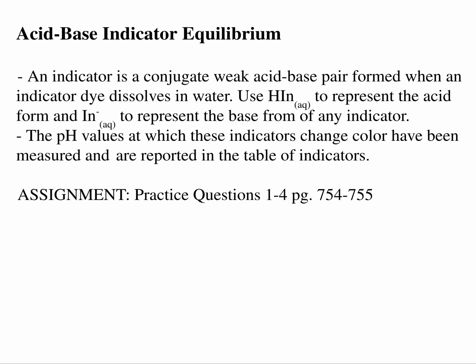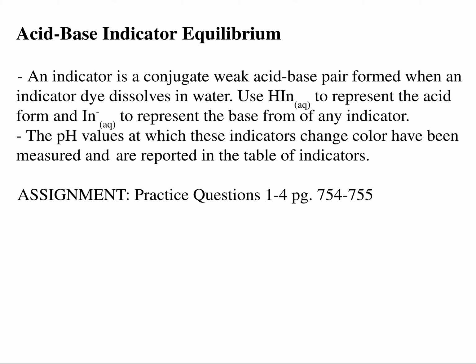They change color when they switch between their acid and base form, but really they're a weak acid like any other. What makes them different is that most of them are complex organic compounds and they change color.